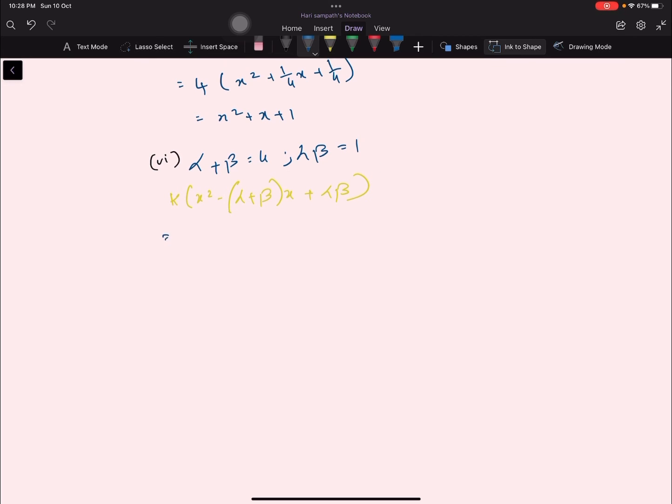So let's substitute the formula. X square minus 4x plus 1. K will be 1. X square minus 4x plus 1. That is the answer, guys.